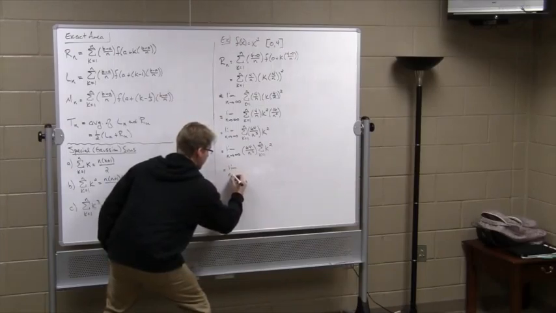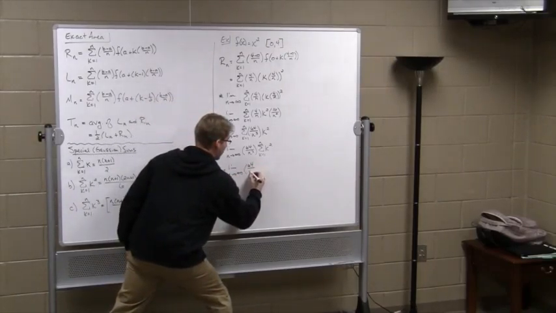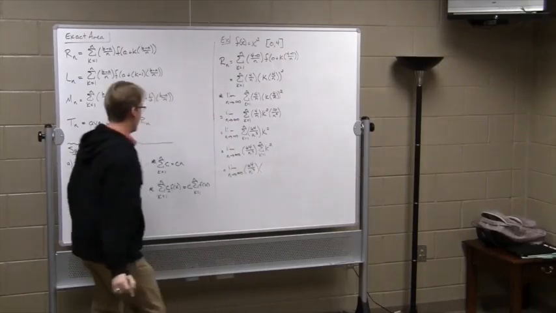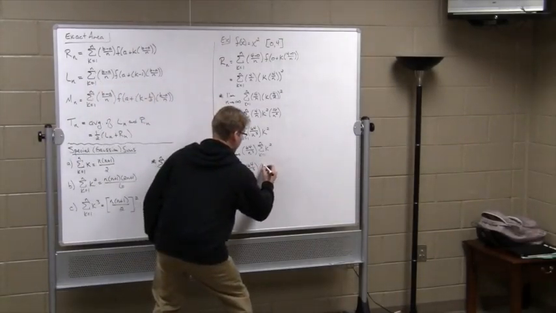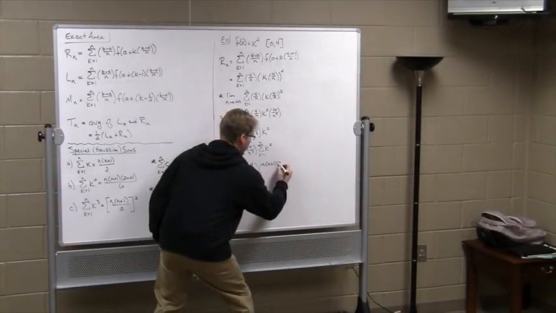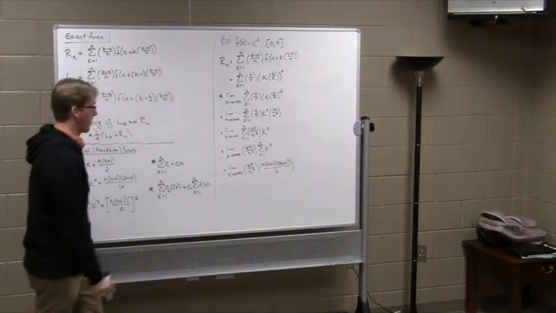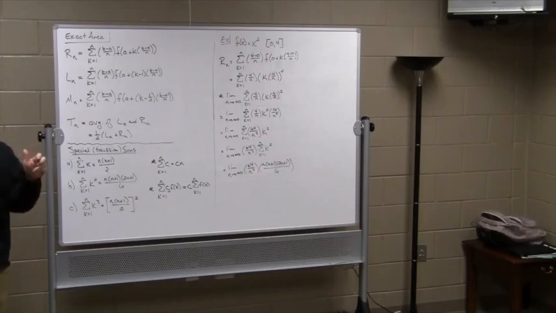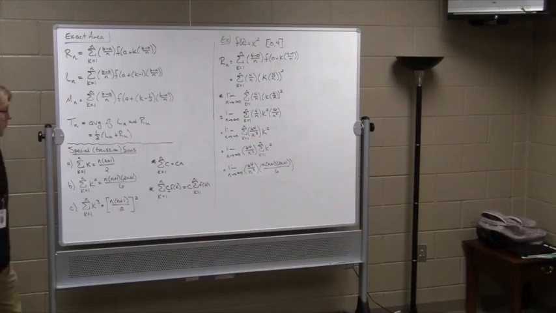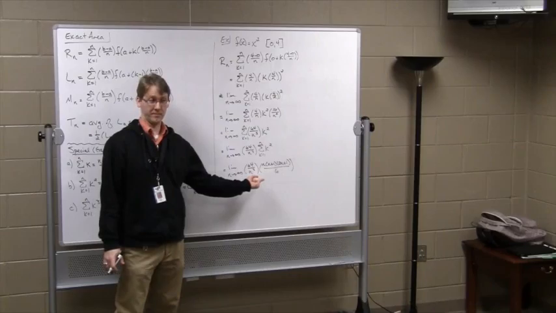Limit as n approaches infinity of 64 over n cubed times n times n plus 1 times 2n plus 1 all over 6. And that one little snag that we saw before is now not an issue because the k's are gone. You wanted the limit as n goes to infinity, well, I gave you a formula that has nothing but n's in it.